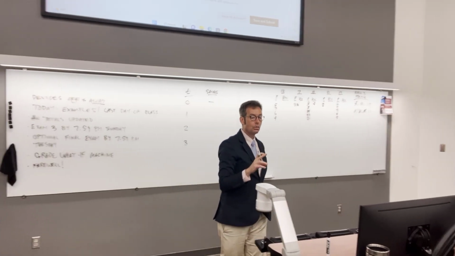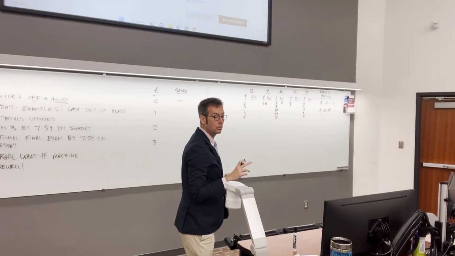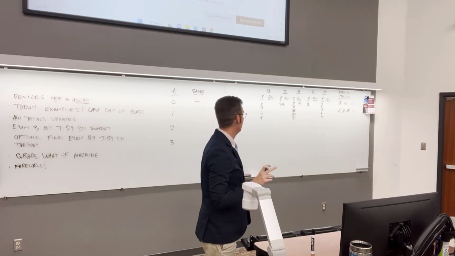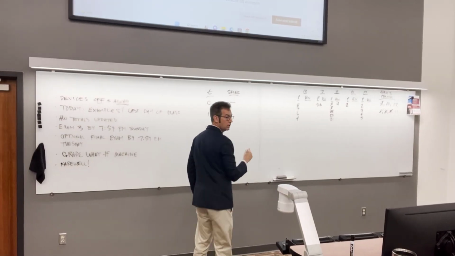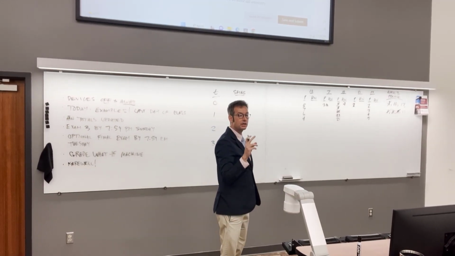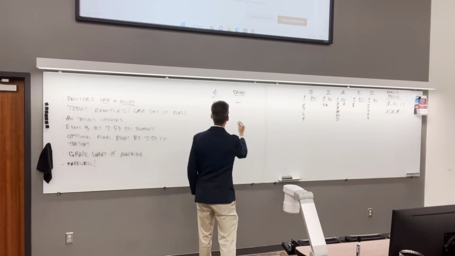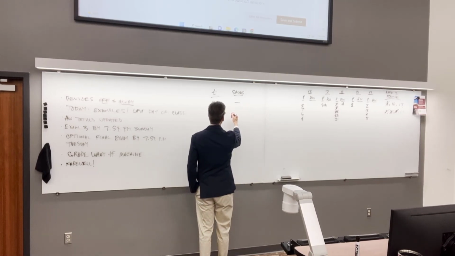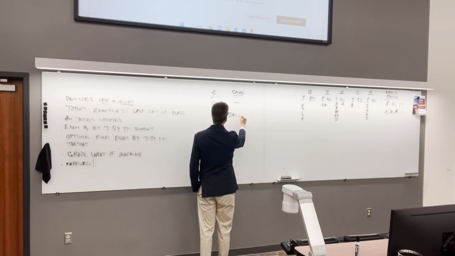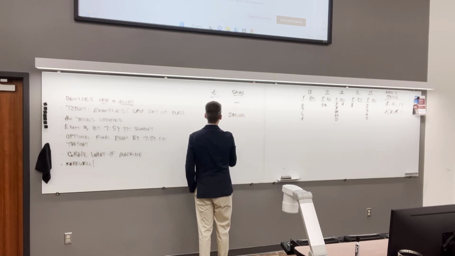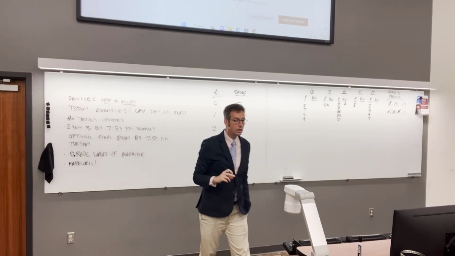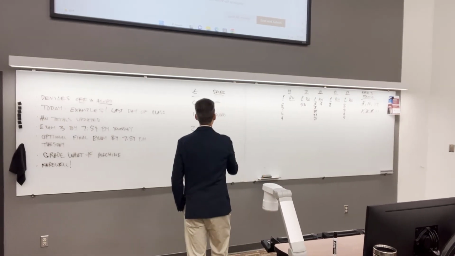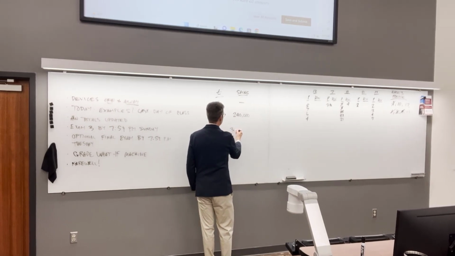So what are the sales going to be for year 1? It's going to be 6,000 times 40, which is 240,000. Okay, and then year 2, 9,000 times 40, I think that's 360,000, is that right?